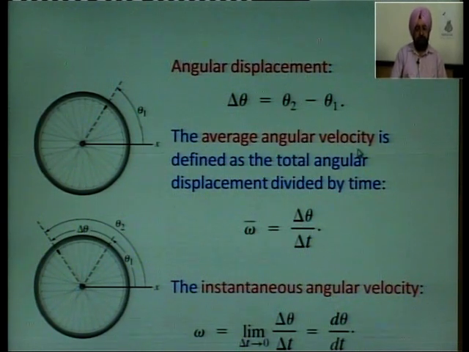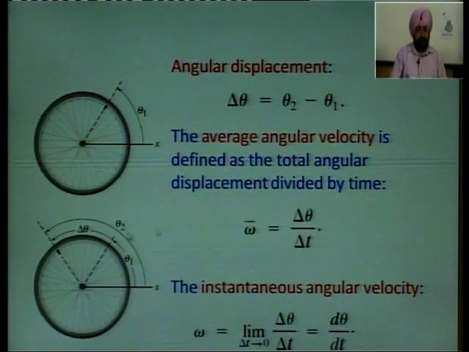So, average angular velocity is the total angular displacement divided by time. If you see here, the angular displacement is delta theta. Say the time taken to move from this point to this point is delta t, then angular velocity is defined as delta theta divided by delta t.